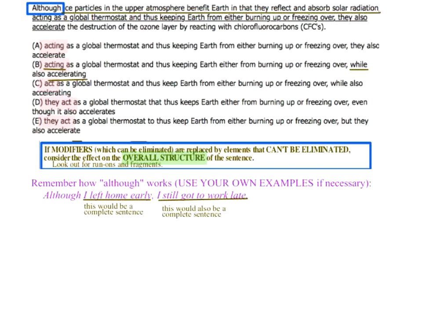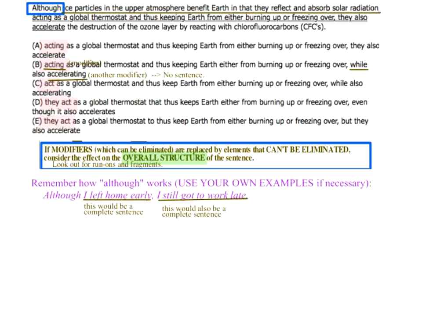So again, this "-ing" is just a modifier, and then that's another modifier, "while accelerating." So no sentence here. This is a fragment. The "although" part is legit. The part right after "although" is a sentence, but not the rest of it.